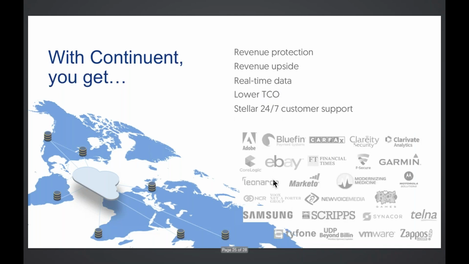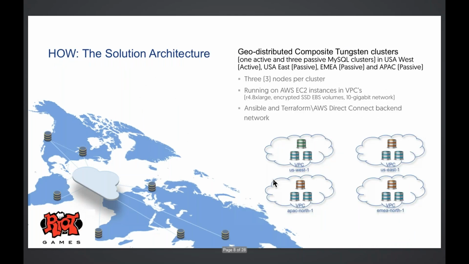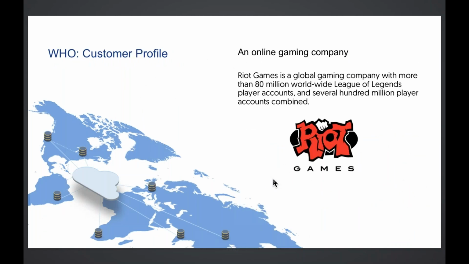As it turns out, this particular customer, Riot Games, had started their deployment of Tungsten clustering inside of Docker. And after 6 months or so, they decided that Docker was a little too limiting for a database clustering layer, and they moved out of Docker onto EC2.